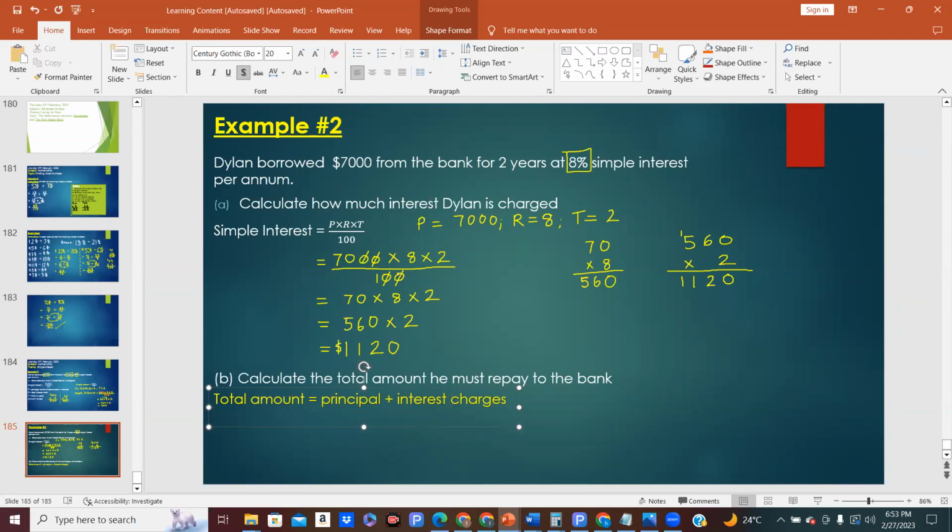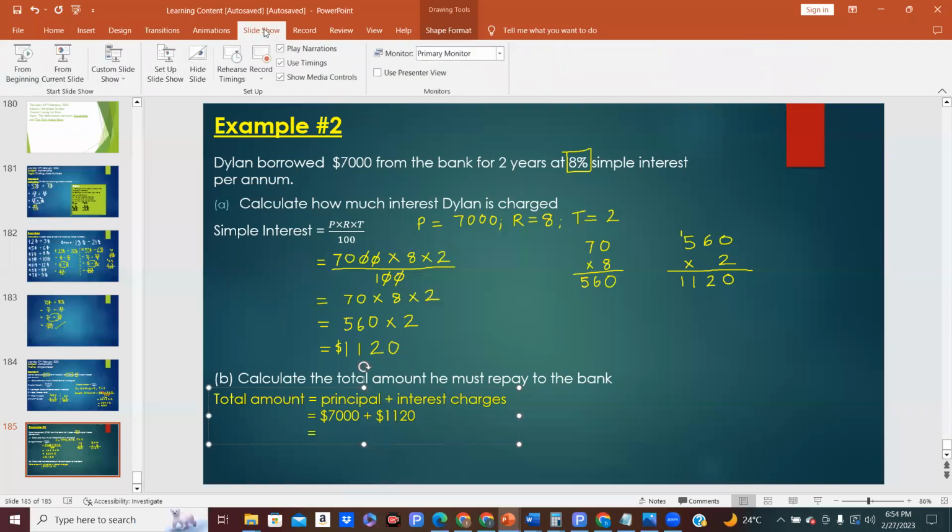And the principal is what? How much is the principal? We saw 7,000, the amount borrowed. So 7,000. And what's the interest that we got? 1,120. Very good. And so that means that the total amount that he must repay to the bank is 8,120.